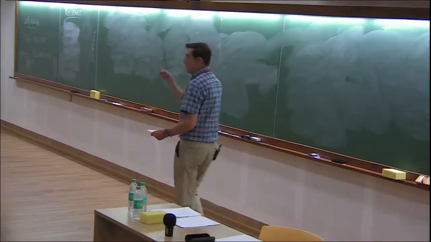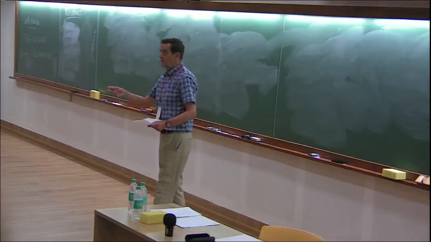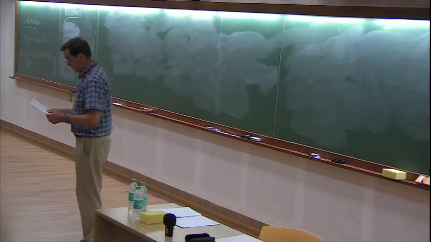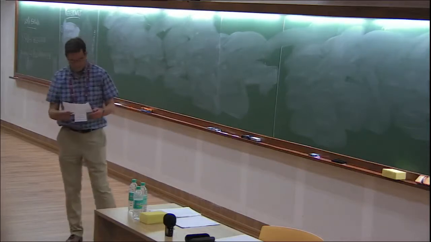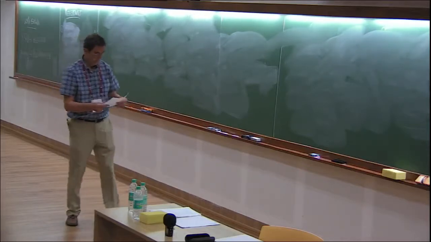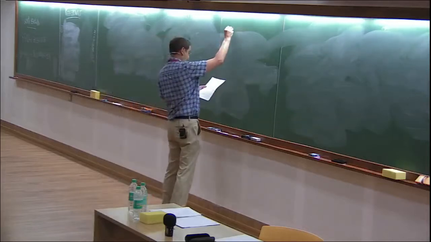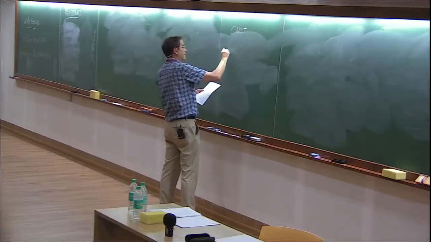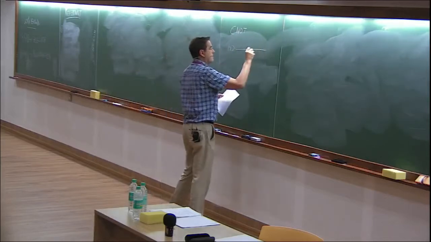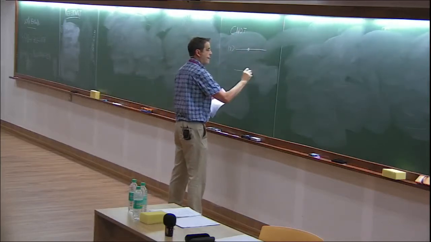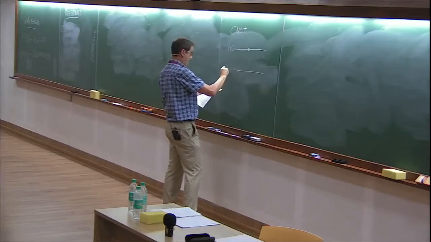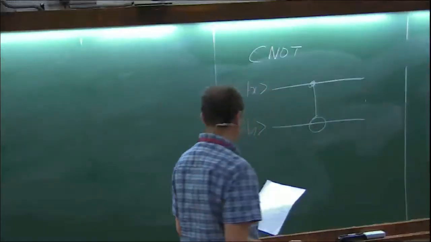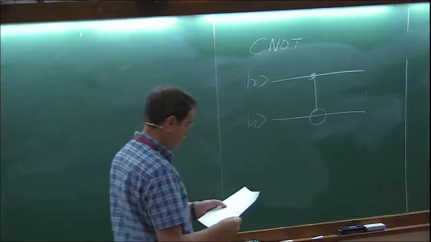Okay. So as you were saying, the gates are reversible, so we have to think about reversible computing. For example, the CNOT gate acts like this. We have two bits.